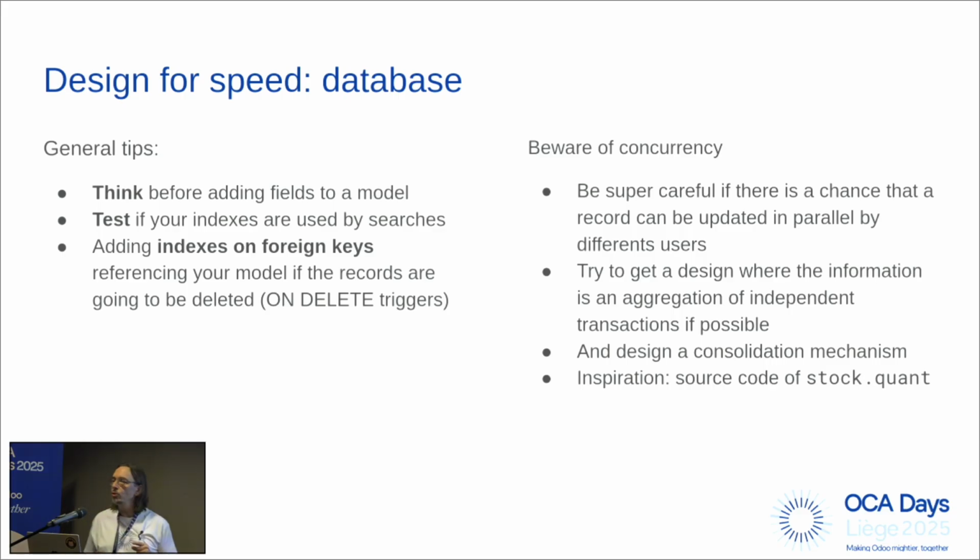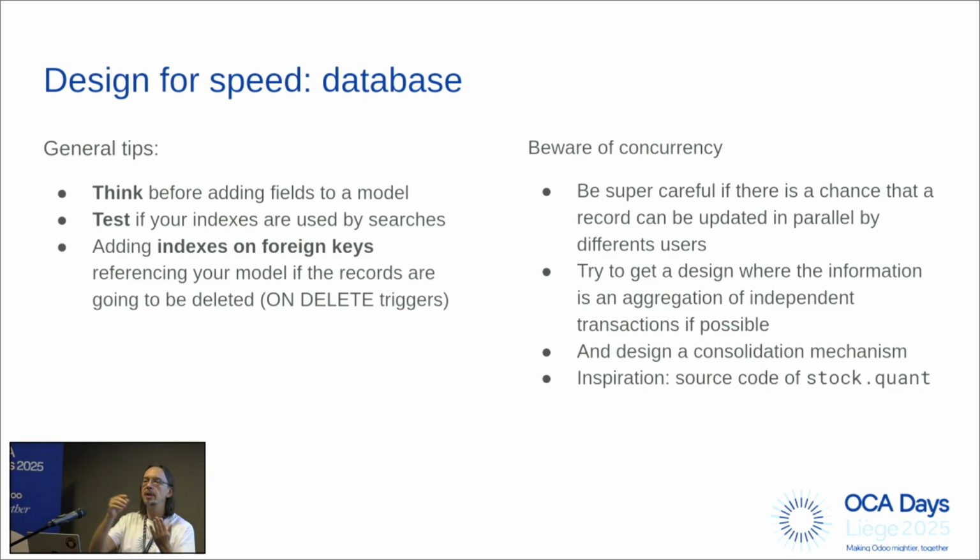I said I wouldn't talk about concurrency, but this one is also super important when you design your model. You want to be extra careful if there is a chance that several people are going to update the same record at the same time, and that could be indirect.